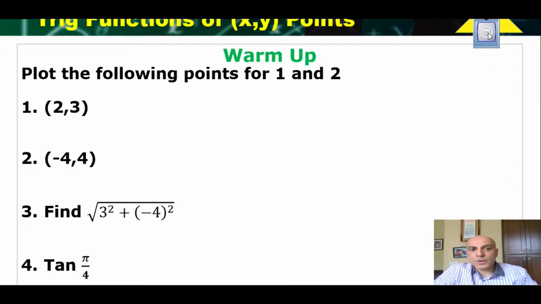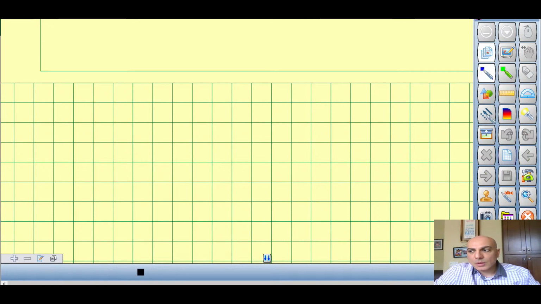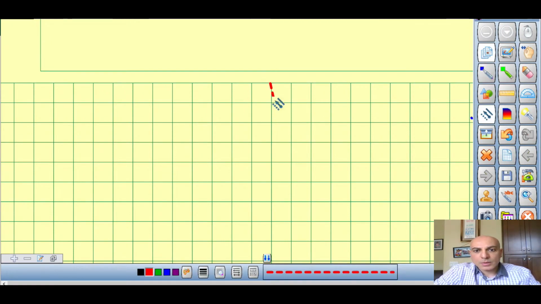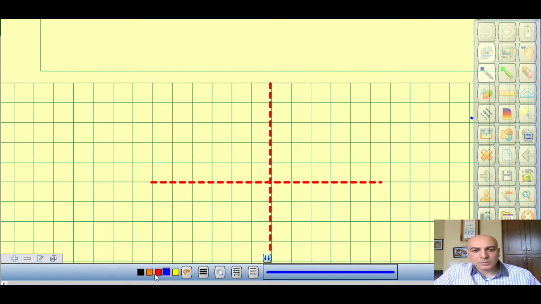So 2, 3. Let me get myself a graph paper, and I'll start with 2, 3. Let me say that this is my x-axis. This is my y-axis. Can somebody put the point in the comments?